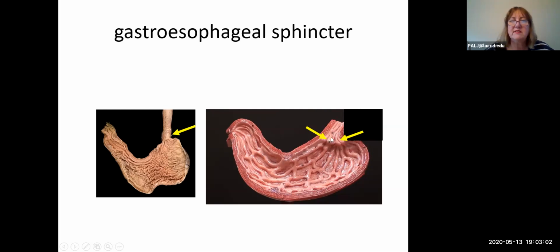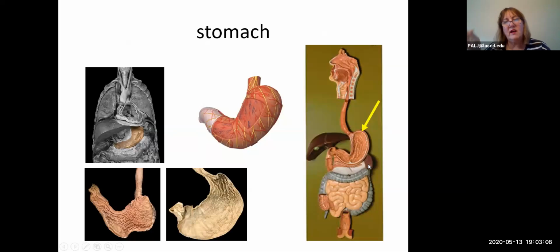You also can see at the gastroesophageal sphincter that part of it sticks up. The picture on the right needs to be tilted a little bit, so it looks like this model over here on the right. This is the stomach, and the gastroesophageal sphincter is right here, and you can see part of the stomach actually goes higher. It's going to go up and be tucked right under the diaphragm.